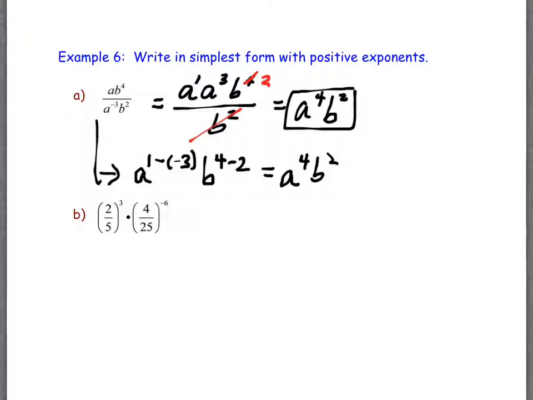Okay, they're being multiplied, and Lydia's saying we've got different denominators and different numerators too, right? The things inside the parentheses are not exactly alike, are they? All of my properties that allowed me to combine things only allowed me to combine things that had the same base. And these two bases, 2 over 5 and 4 over 25, are not identical to one another.